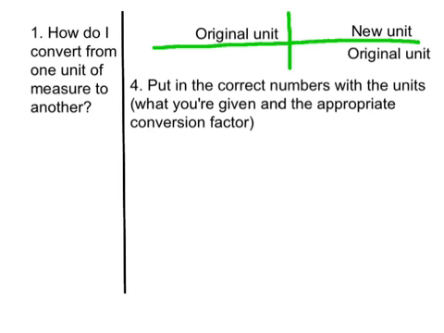Or when we get to using these bridges in the future with stoichiometry, we're going to be figuring out how many grams are in 1 mole, or what is the mole ratio. So that all happens on the right-hand side of the bridge, and I'll go into more detail and show you guys in the example coming up. But for now, step number 4, put in the correct numbers.